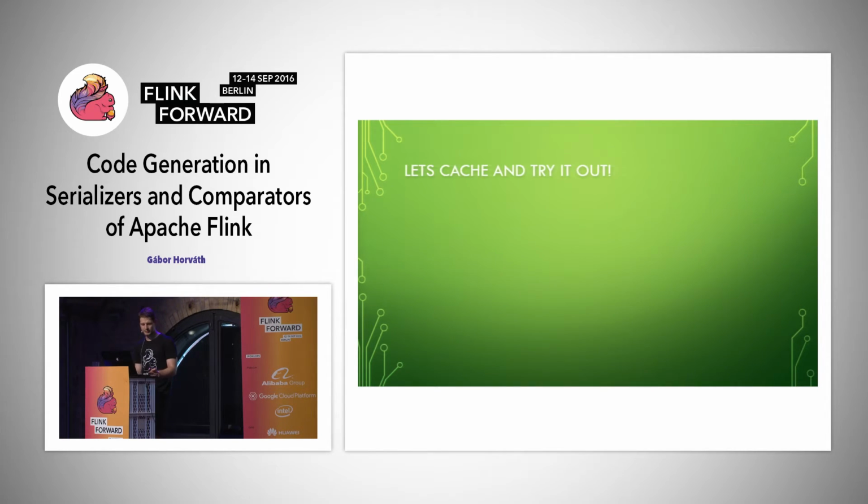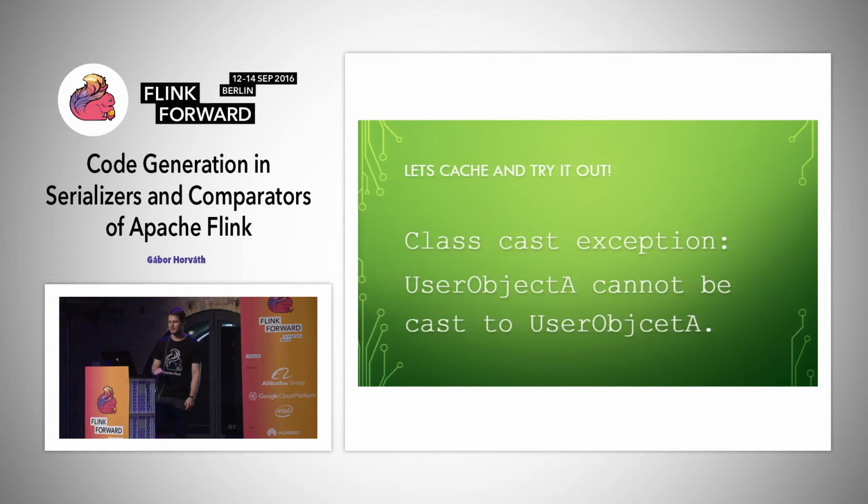So let's try this out, and unfortunately this time we get a different class cast exception, but this has a very similar nature. So the problem is that, as it turns out, each time when a task is started, Flink will generate a new user class loader.